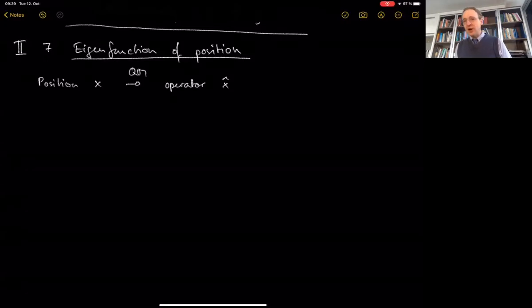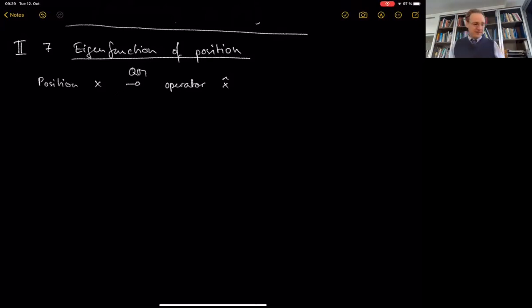But it's not necessarily so that this operator is as multiplicative as the classical position. We haven't shown this yet, so we cannot assume this. Maybe there's some weird quantum thing which is extremely non-local, and so you cannot presume that this is multiplicative.